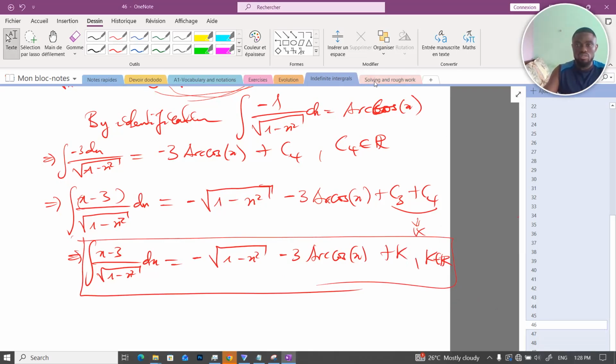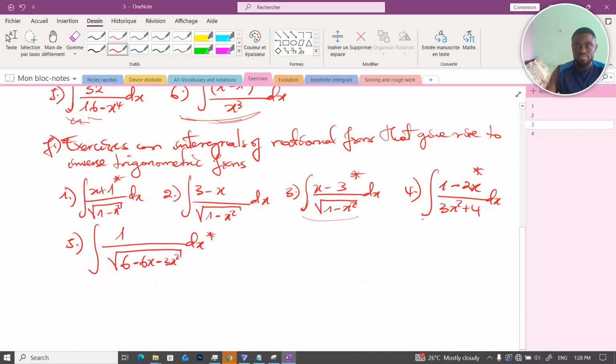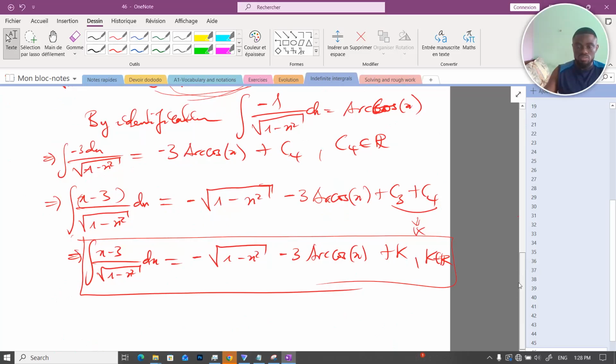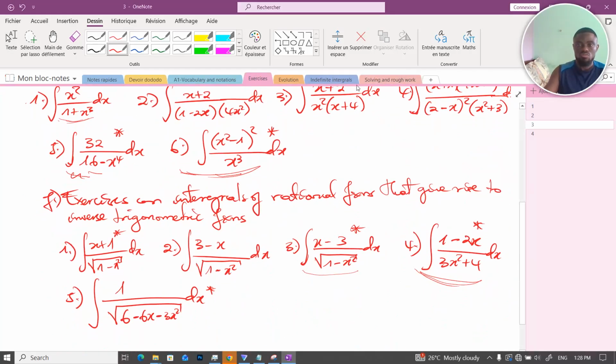Let me go to the next question, the next exercise, which is this integral. The integral of 1 minus 2x all over 3x squared plus 4. Okay, 1 minus 2x over 3x squared plus 4. That's question 4, I think. Yes, question 4.